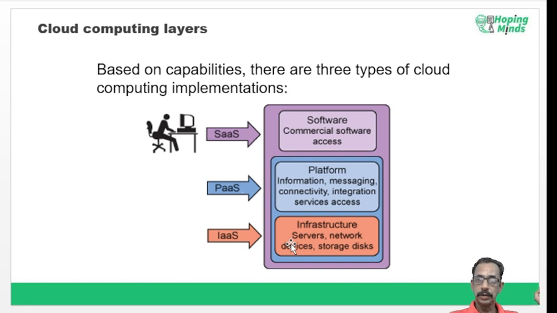So we will talk first about infrastructure as a service, IaaS, then platform as a service, PaaS, and third software as a service, SaaS. We will discuss all in detail.